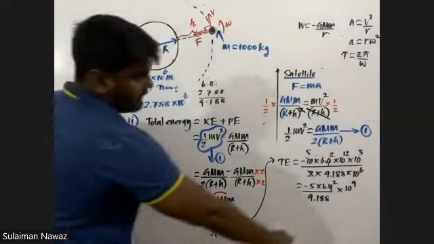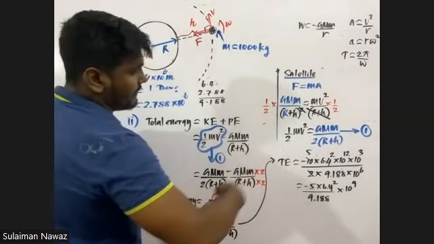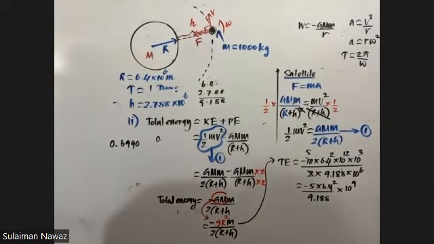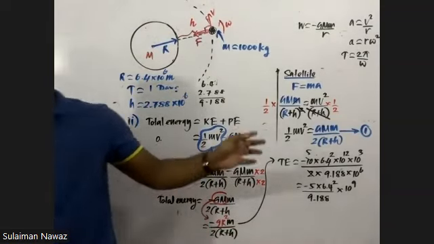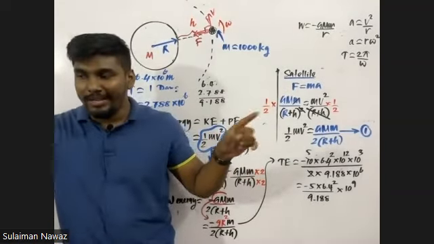Then 6.4 squared, I think previously I took that. 6.4 means 0.64. How much? Is 0.8062 correct? Shall I put 8062?